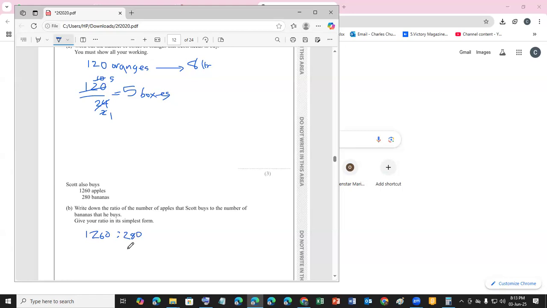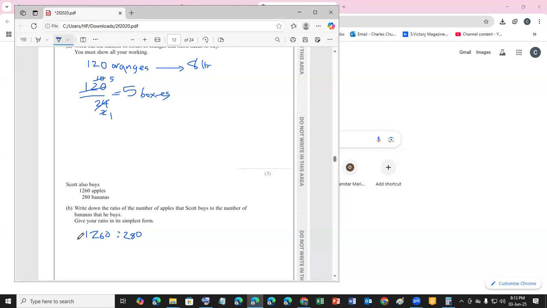And they said you should give it in its simplest form. So they're just testing your ability. What would you use to break down 1,260? And what would you use to break down 280? Well, what number comes to mind? Hello? Are you there?